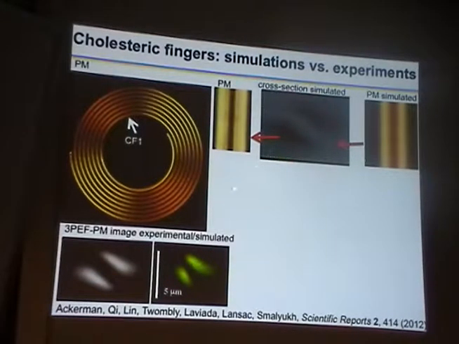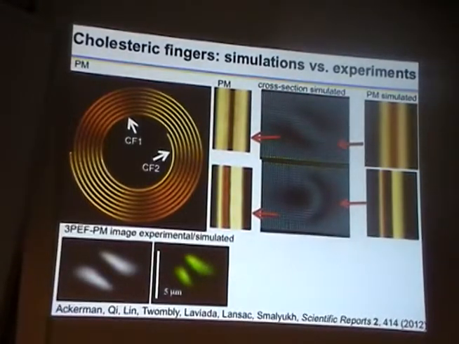Now, we could also computer simulate the vertical cross-section image, and so in here this is done, just showing by different colors of light, gray and green. Green is experiment, and again you can see qualitative agreement over cross-section of the sample obtained in three-photon excitation fluorescence polarizing microscopy. So again, there is a good agreement between experiment and the modeling.